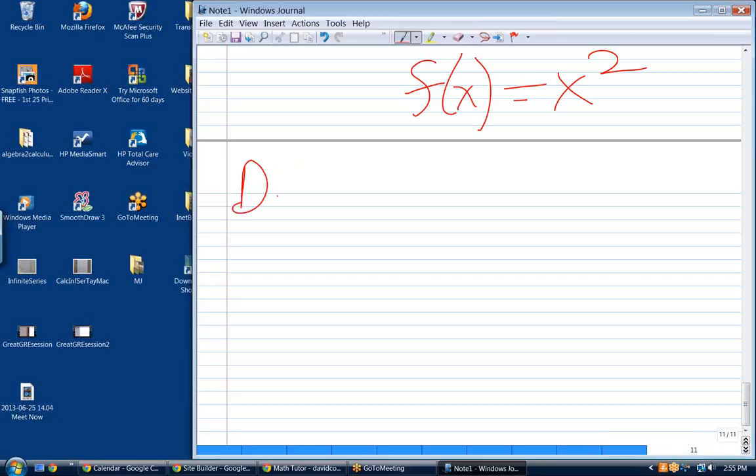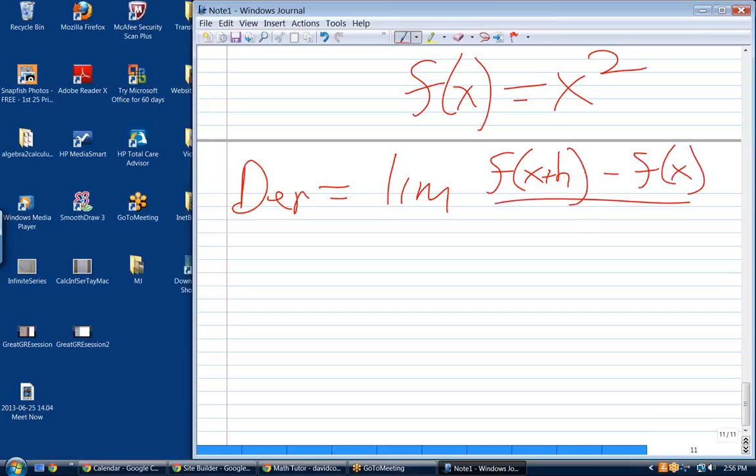The derivative is defined as the limit of f of x plus h minus f of x all over h as h goes to 0. That's the definition of derivative. So if I wanted to apply that definition instead of the power rule, well, I need what is f of x plus h.